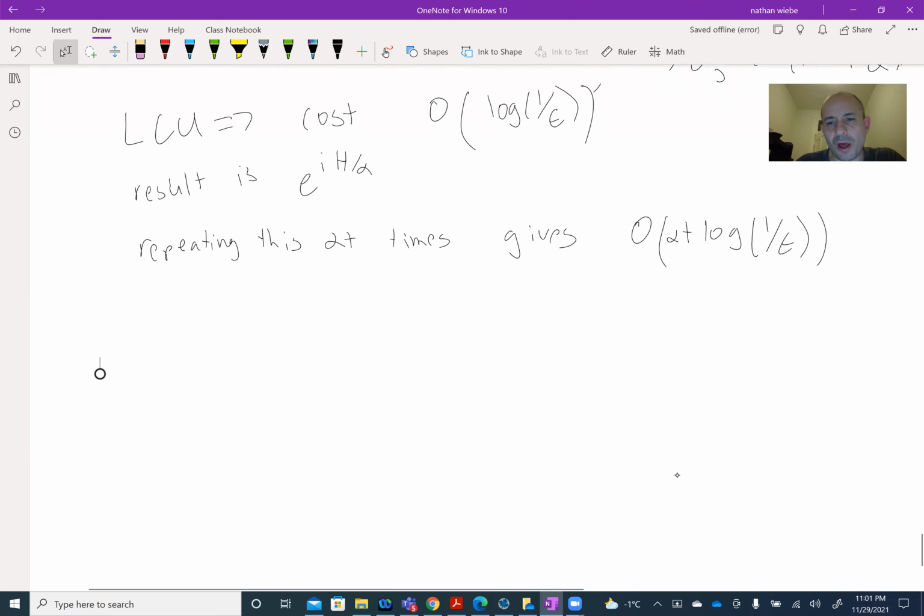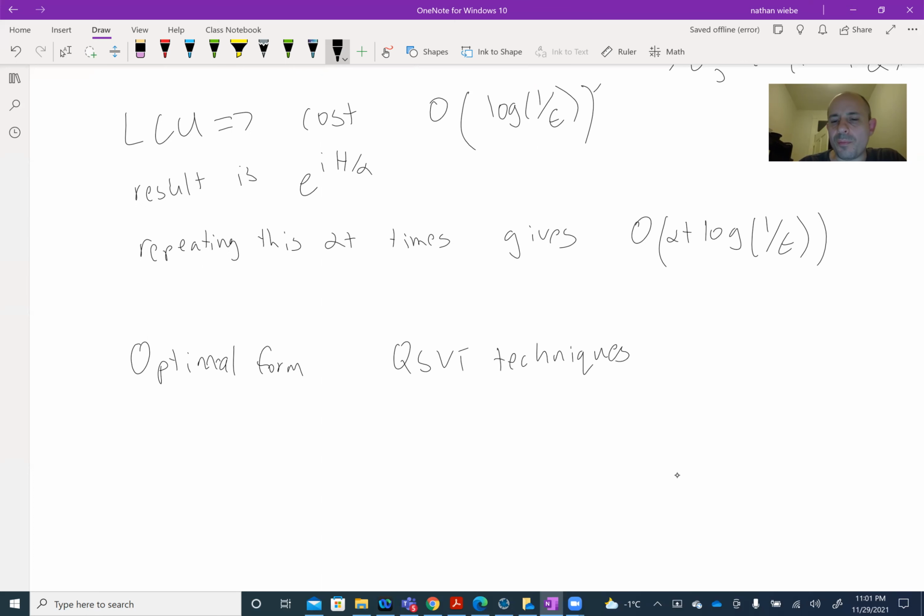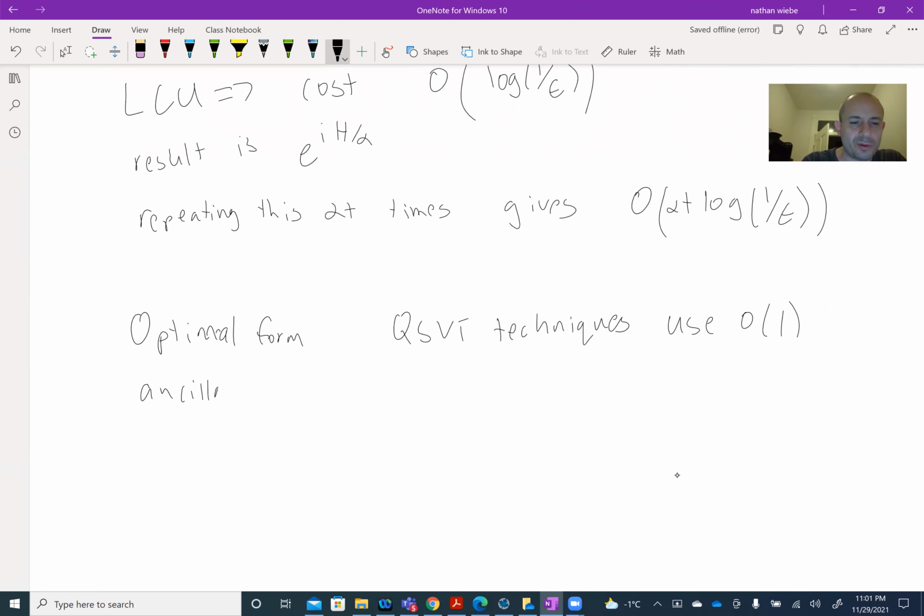It can further be optimized, and the optimal form of this can be done using the more advanced quantum singular value transformation techniques. These use order 1 ancillary qubits and need time order alpha t plus log 1 over epsilon.